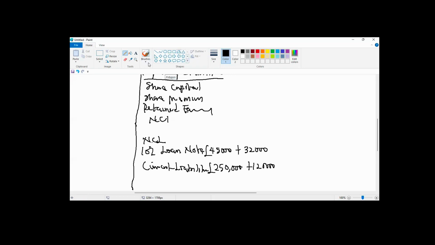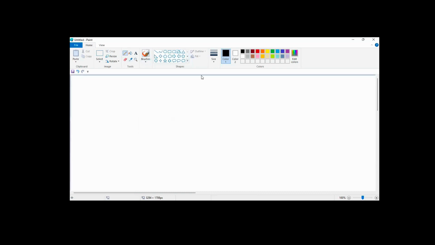To balance this in exam, what do I need to open? Let's open an account somewhere else. To balance this question in exam, I need good structure.